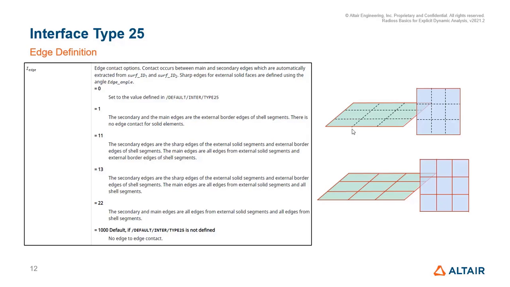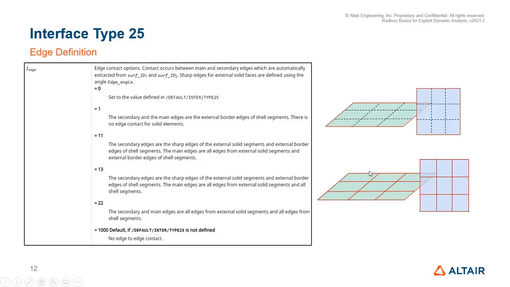When you have IH equals 1, then the secondary and the main edges are external border edges of the shell segment as shown in this figure. Only external boundaries will be considered. This option is only for shells, not for solids.